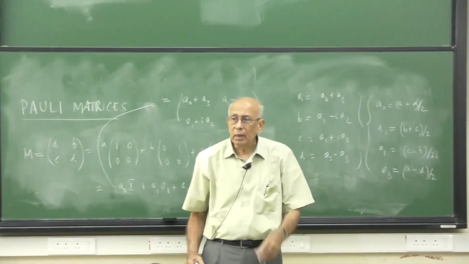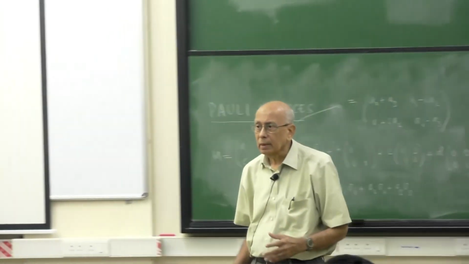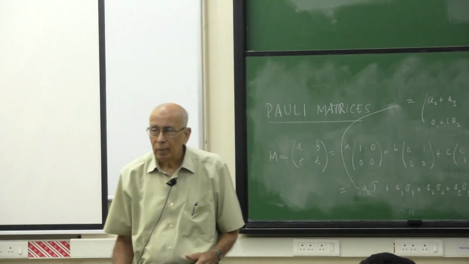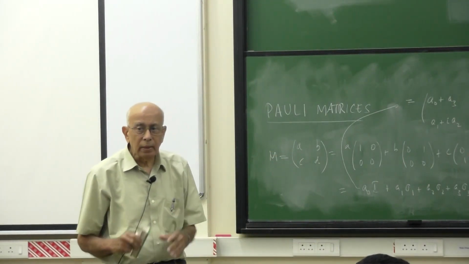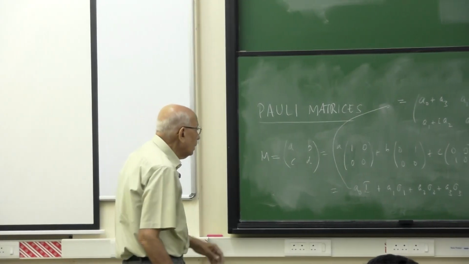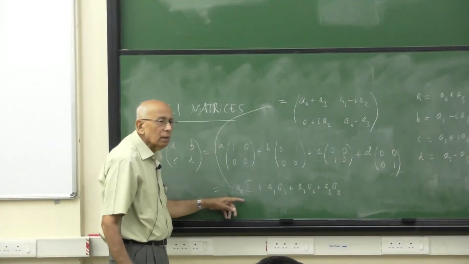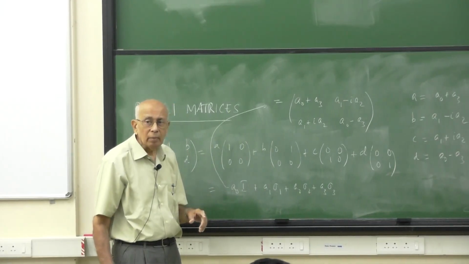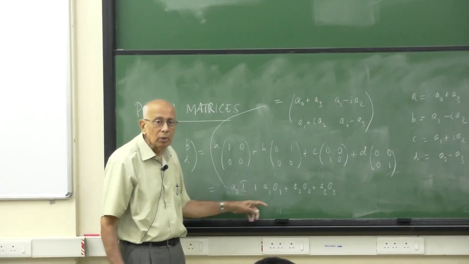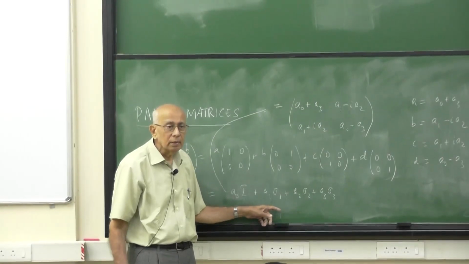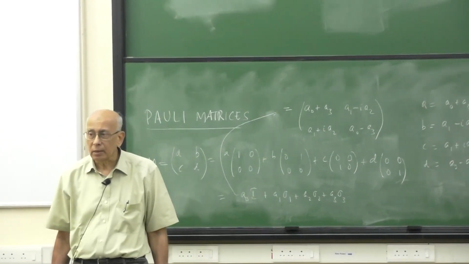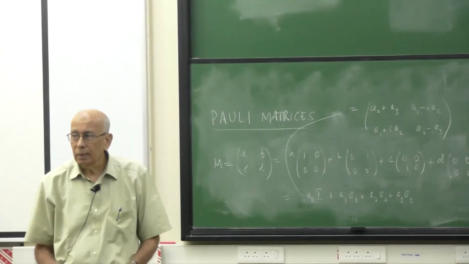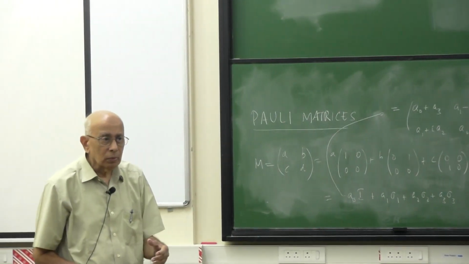If the matrix has 0 trace, what can you say about it then? If it so happens that the trace of the matrix is 0, then in this expansion you don't need A0. Therefore, a traceless 2 by 2 matrix can be written as a linear combination of the 3 Pauli matrices uniquely, if it's traceless. That plays a role too.